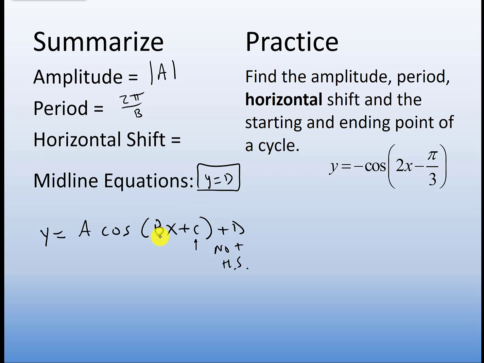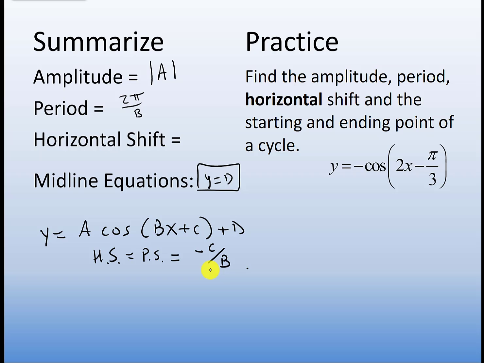So if there's a B number, the shift gets messed up. So we don't have the shift right away. But I'm going to give you a formula for the horizontal shift. Now it's also called the phase shift. So sometimes you will see it referred to as phase shift. And the formula is negative C over B.